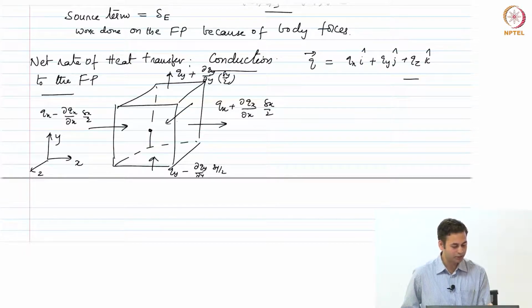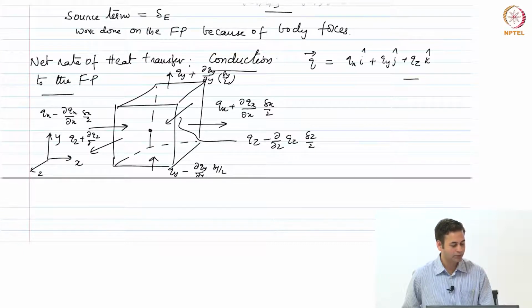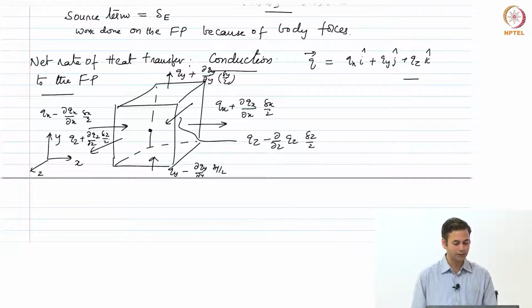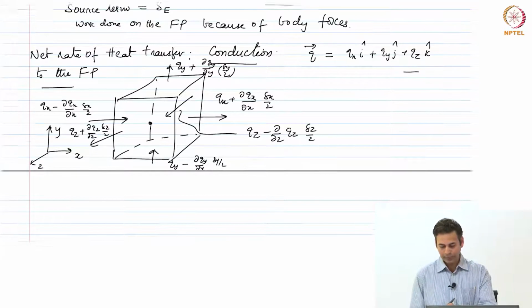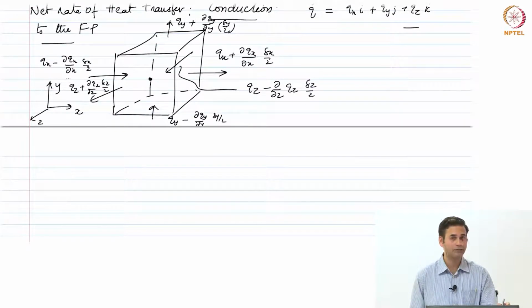Similarly, in the z direction, this would be qz minus partial qz by partial z delta z by 2, and whatever is leaving through the front face would be qz plus partial qz by partial z delta z by 2, okay. So, we have all these heat flux rates that are coming in and leaving, okay. The heat flux is coming through the west face and leaving through the east face, okay. So, we have to look at what is the net rate of heat transfer added to the fluid particle.